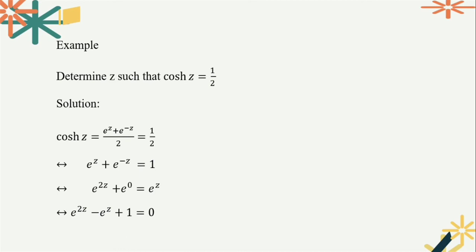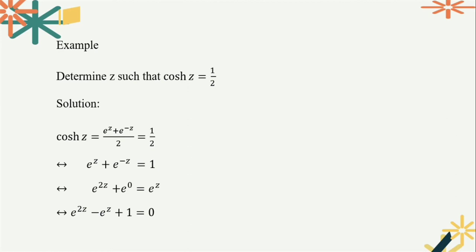Therefore, in here, exp z plus exp negative z over 2 is equal to one half. And then we get that exp z plus exp negative z is equal to 1.